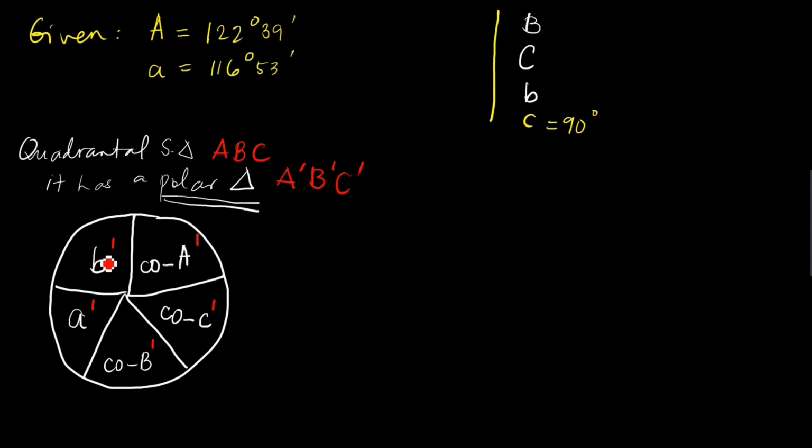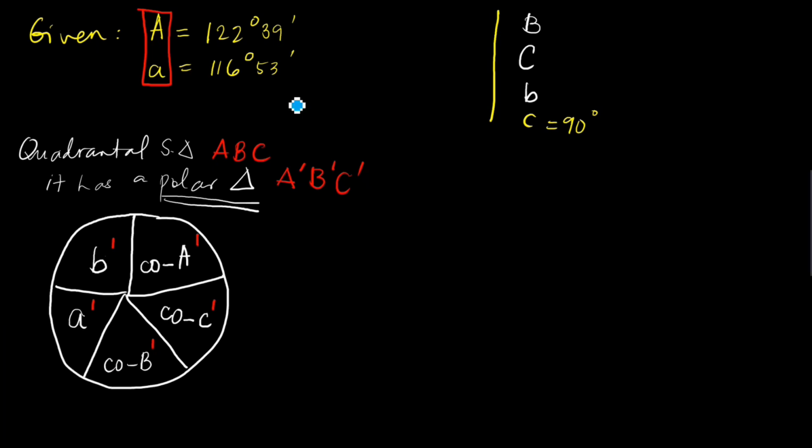But then since our given is different from the parts that we see in the circle because it already has prime, we need to find a way how we can come up with given in which we do have primes. So what we're going to do, we're going to make use of these two given parts, and then what we're going to apply are the supplements.